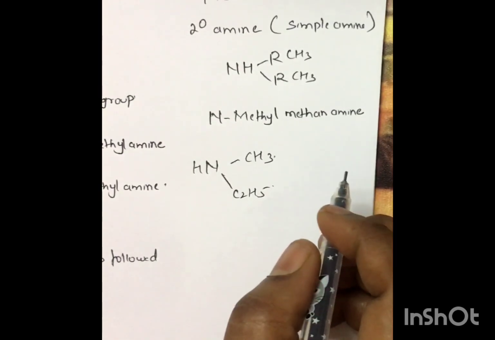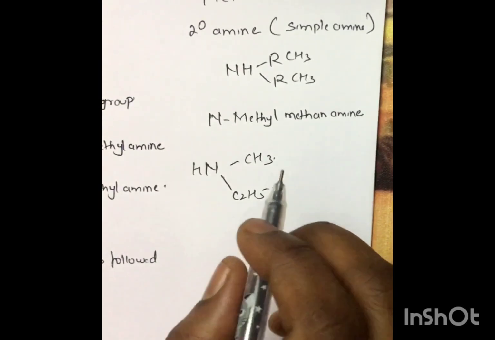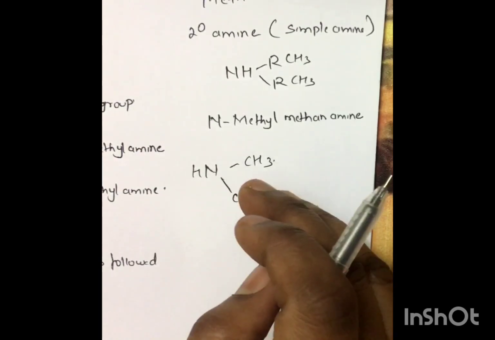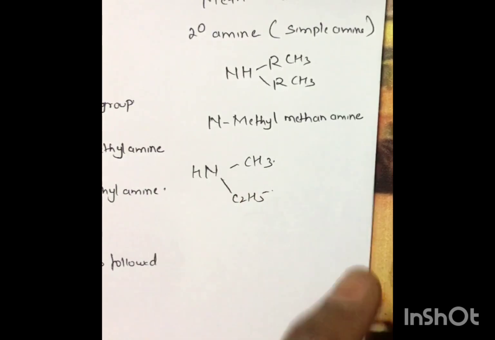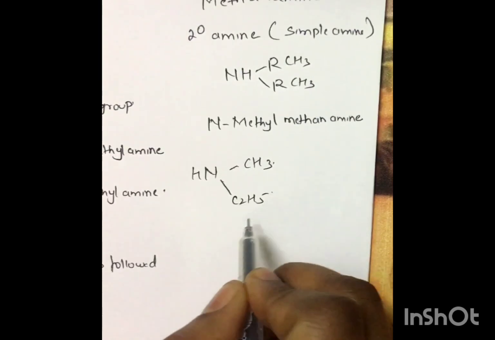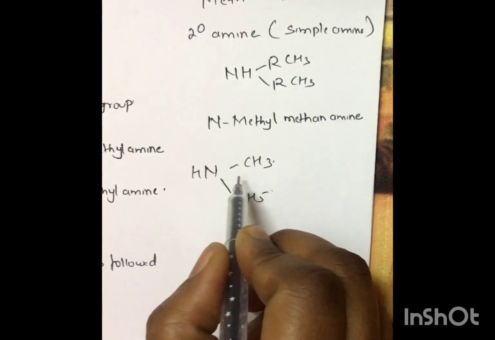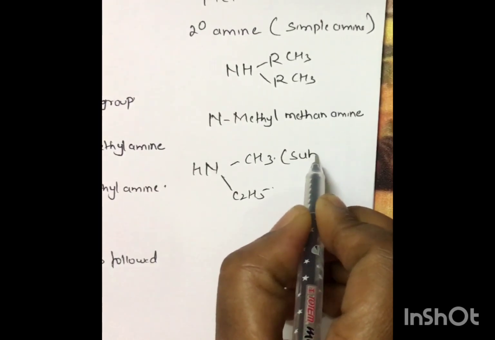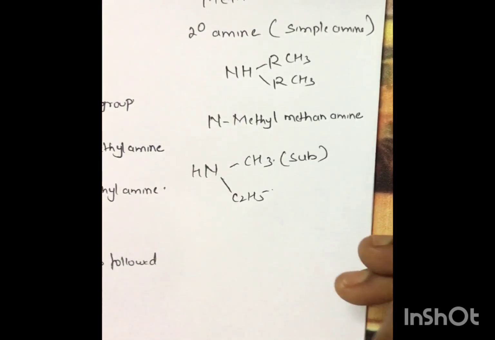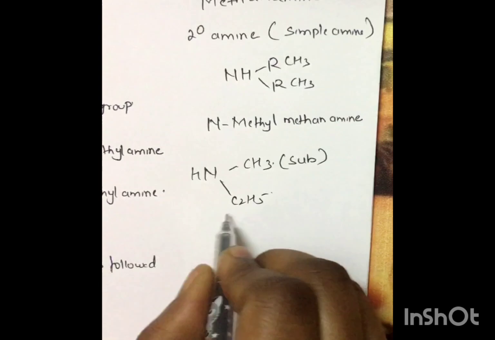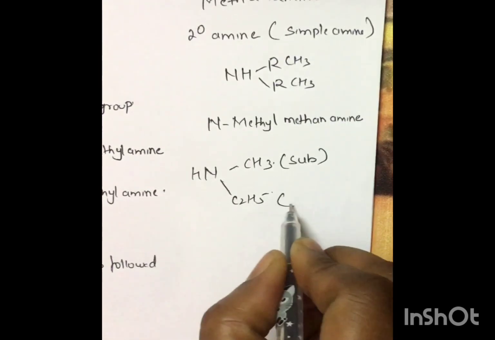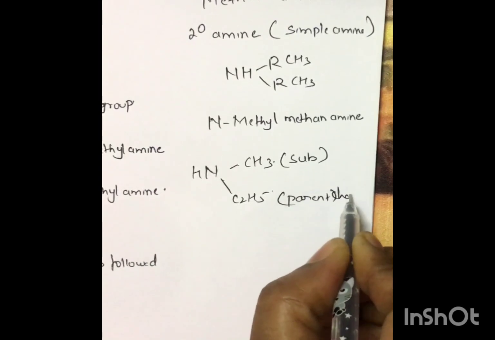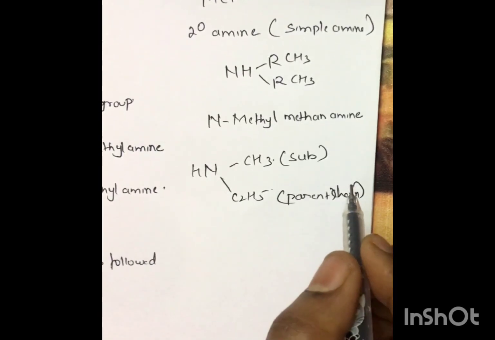If R groups are different, then the carbon chain which has fewer carbon atoms should be treated as the substituent. Here this is a methyl group, this is an ethyl group. So, the fewer carbon atoms one has to be considered as the substituent, and the carbon chain having more carbons should be considered as the parent chain. Parent chain.